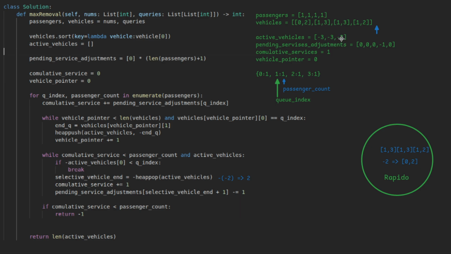So where will 2 be added? This is not random, right? Minus 2 is greater than minus 3, and in Python by default it is a min heap. So by min heap, minus 2 will be put here, that's why it is here. I am not just appending, it is a min heap. So minus 3 is here.